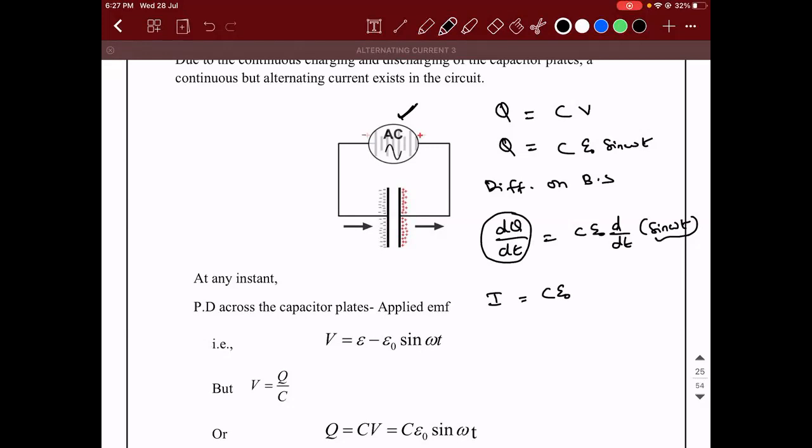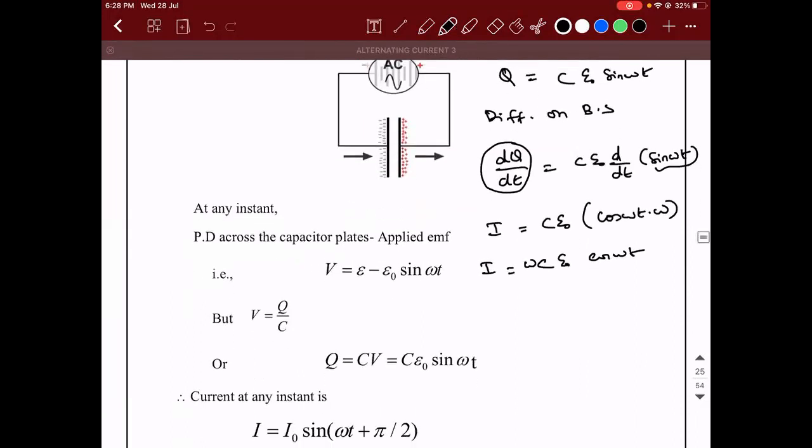What is the derivative of sine omega t? Cos omega t into omega. Correct? So this will be equal to C omega into E naught into cos omega t.